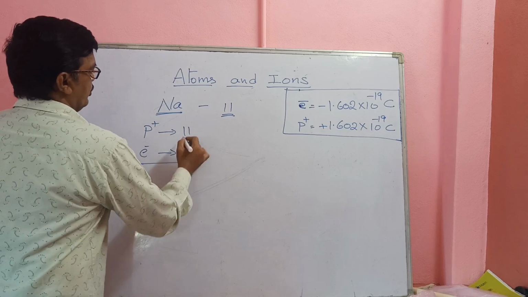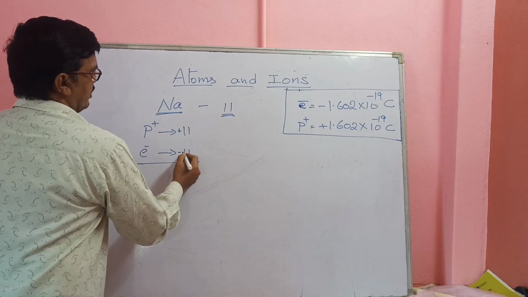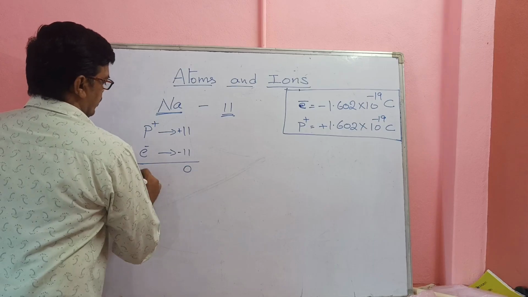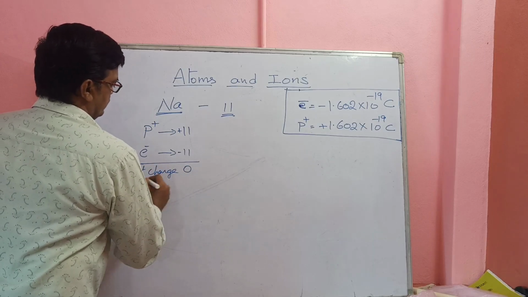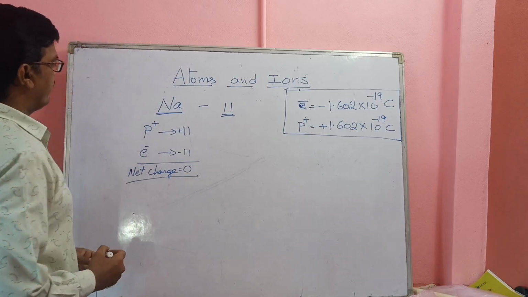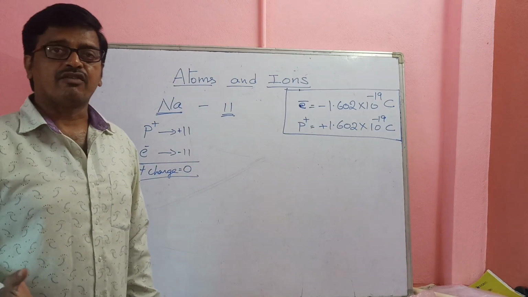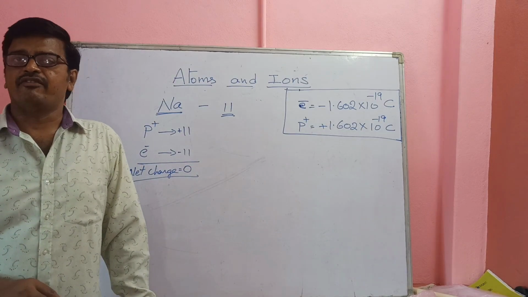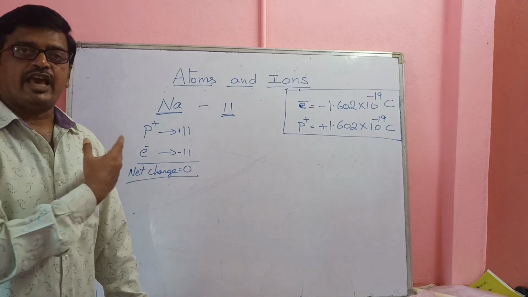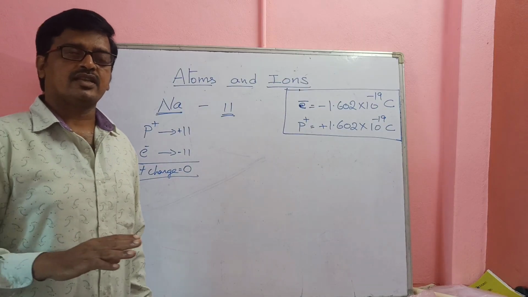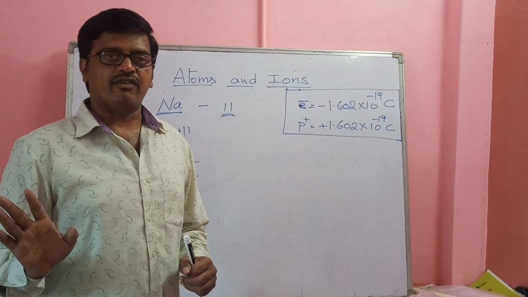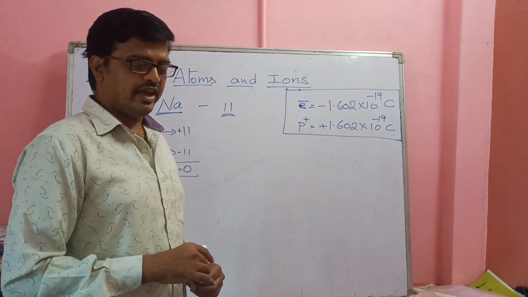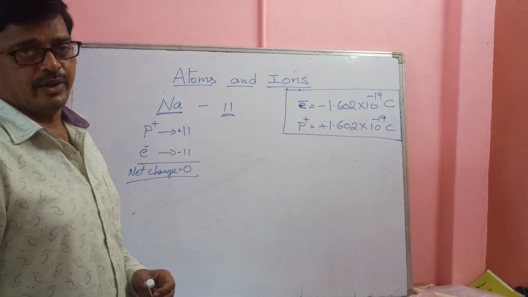If we add these, protons plus 11 and electrons minus 11, the net charge for the sodium atom equals 0. Similarly, for all elements, the total number of protons is equal to the total number of electrons. This is the reason why atoms are electrically neutral.